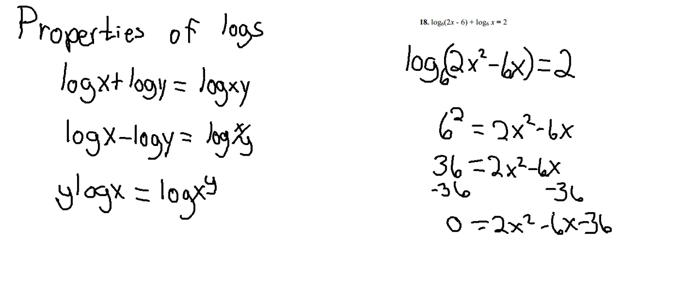Okay, so then what I'm going to do is I'm going to either factor this or use the quadratic formula or graph in y1 and y2 and do second trace intersect. But to make it easier, whenever you have an equation, I can do something over here and over here. So I'm going to divide everything by 2 just to make it a little bit simpler.